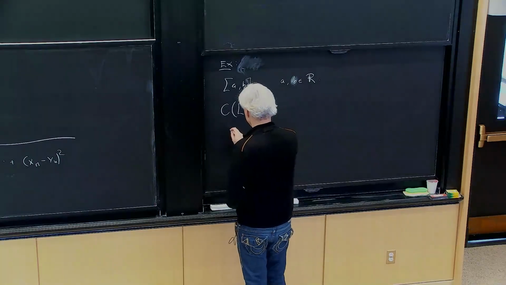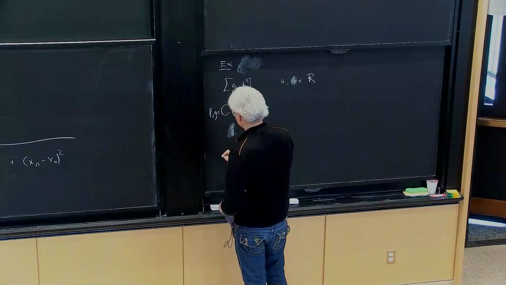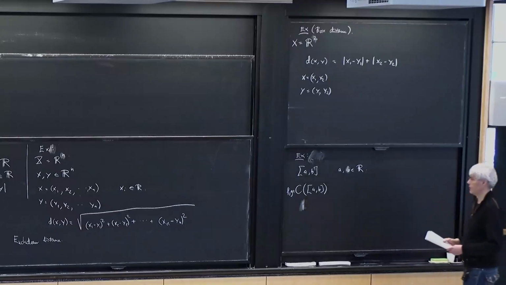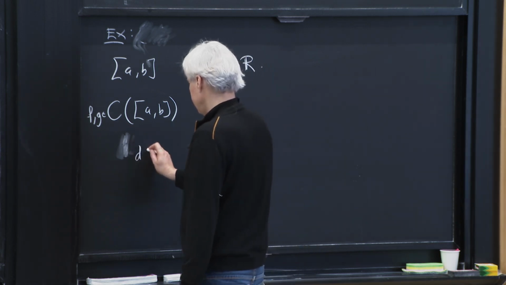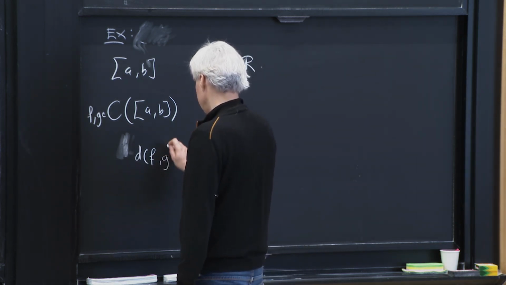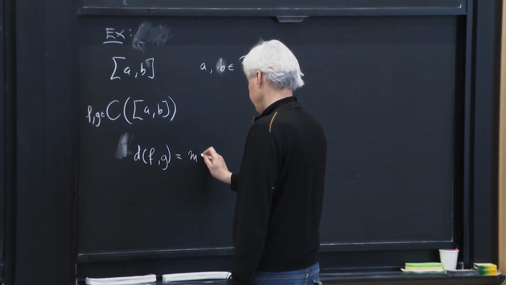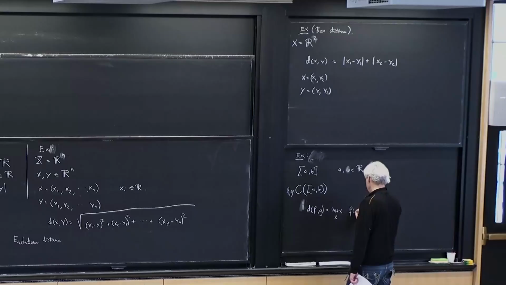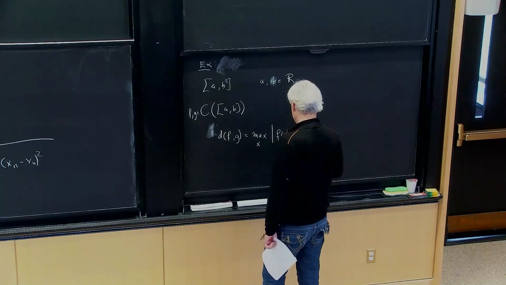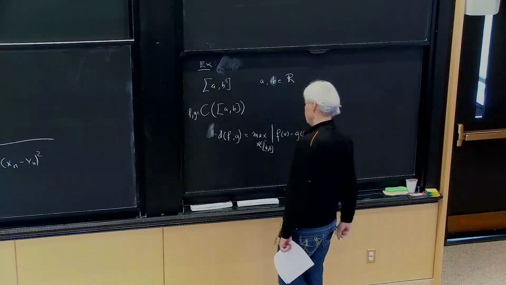And then if you have two elements, f and g, each of them continuous functions, then the distance between these two continuous functions is equal to the max over x of |f(x) - g(x)|. Right, and so x here is in the interval from a to b.